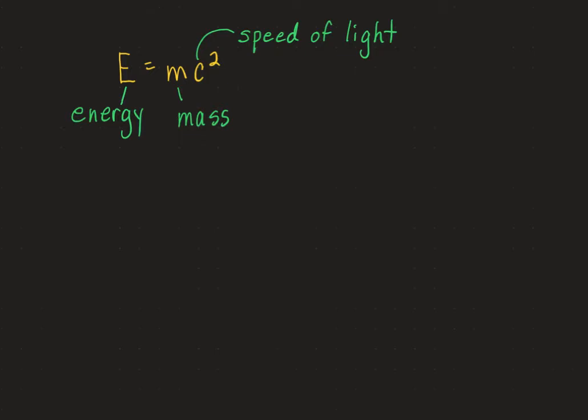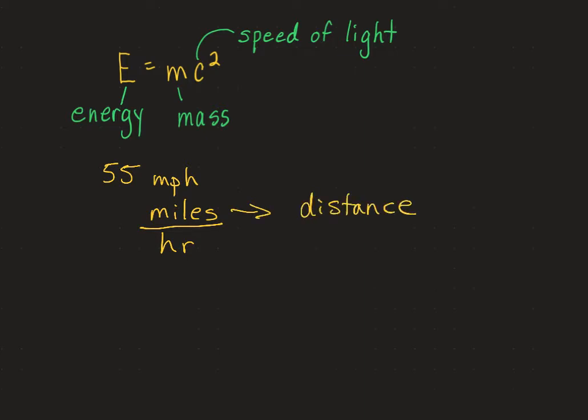In New York State, the maximum speed limit, if there is no limit posted, is 55 miles per hour. That's miles per hour. That's a distance divided by a time to give you a speed. We'll talk about velocity later in the course.